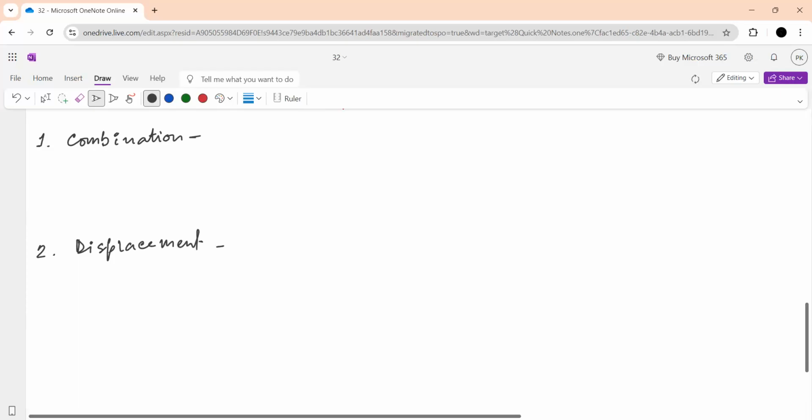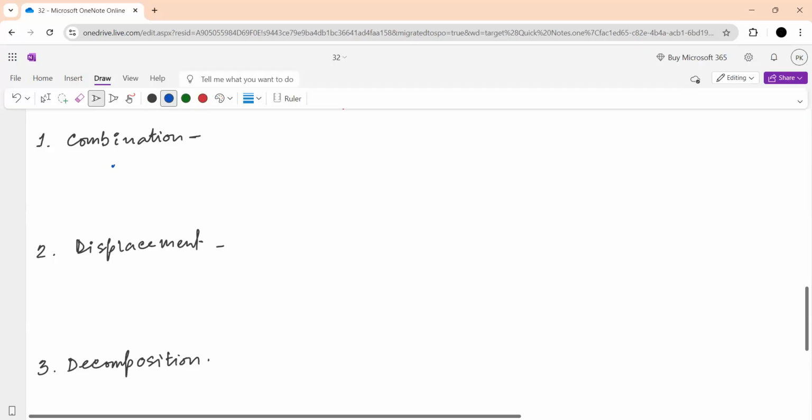Then we have decomposition. So if we look at these, all of these are redox reactions. So the first criterion is the oxidation number will change. Okay, that is the primary criterion.